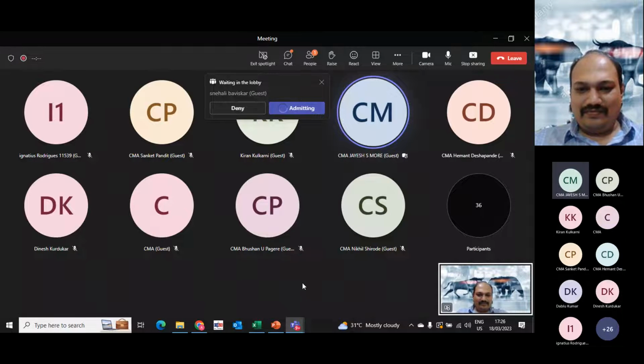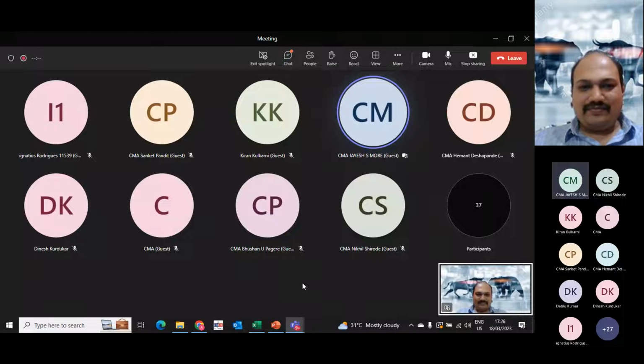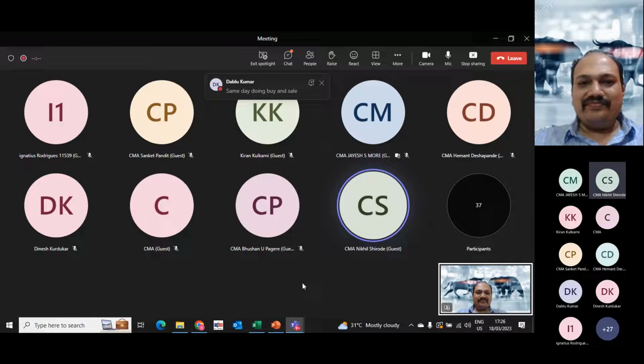If you take a trade in the morning, exit before 3:30, before closing of the stock market session. Correct. Entry after 9:15 and exit before 3:25. All right.